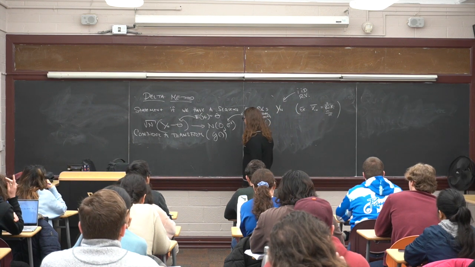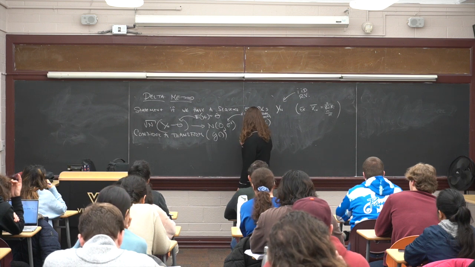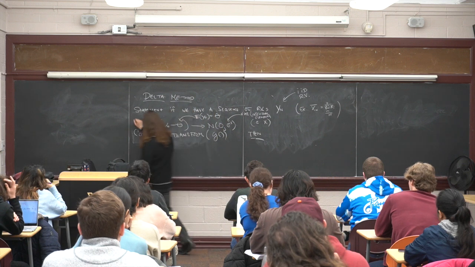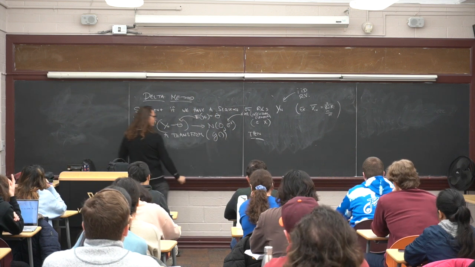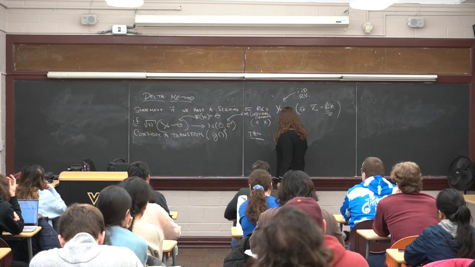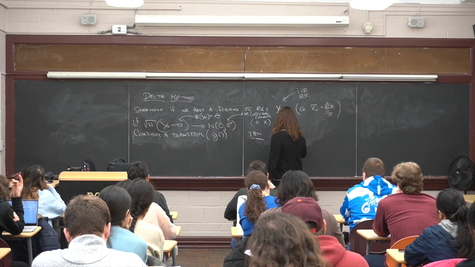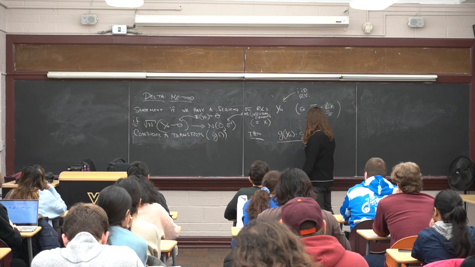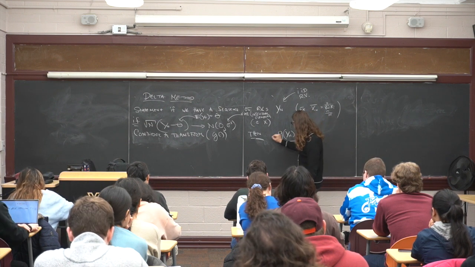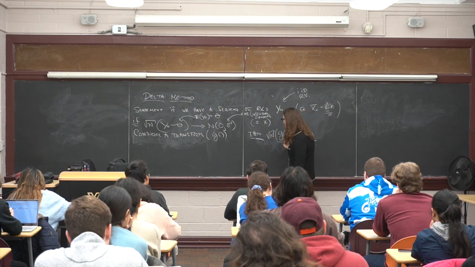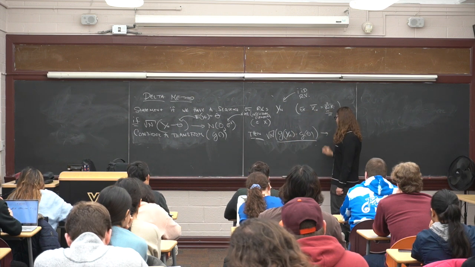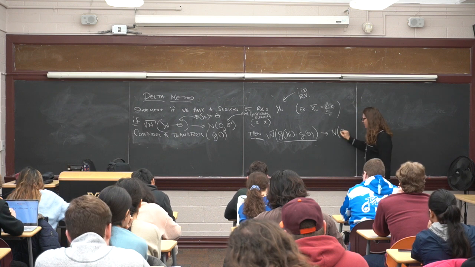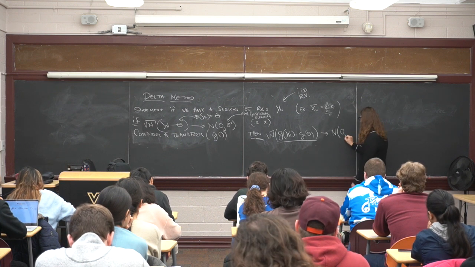So consider a transform g. Then here's our then statement. If this is true, then g(Yn) minus g(theta), that's the mean, times square root of n converges to a normal distribution, mean 0, because I've already subtracted that off.